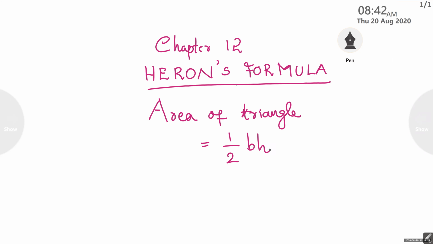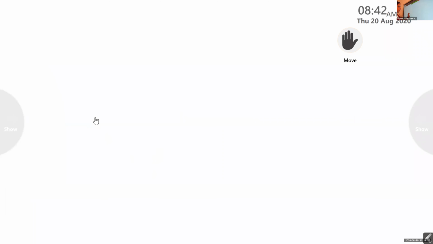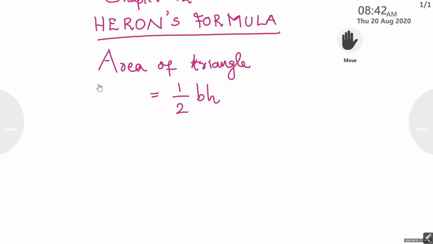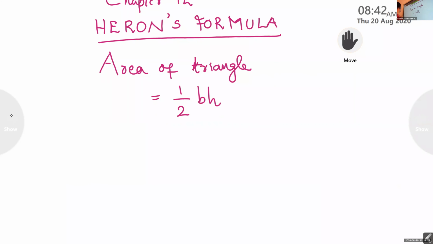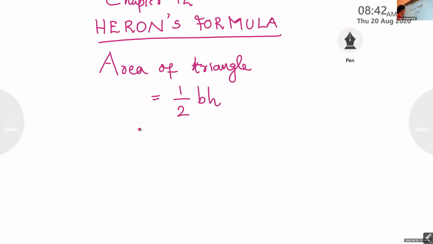But for that, the triangle should either be a right angle triangle like this, with base and height, so area equals half BH.